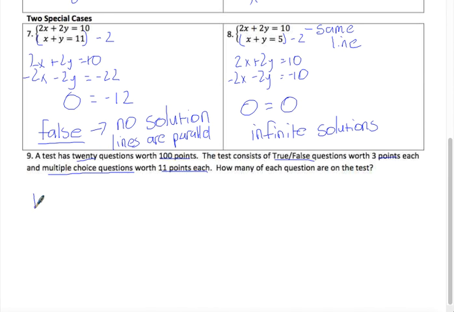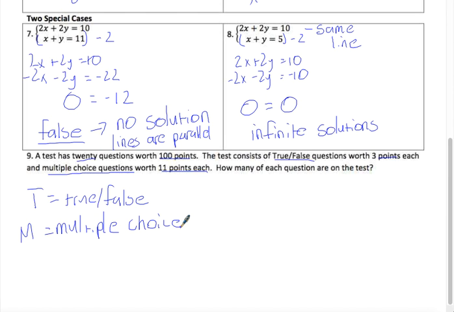Let's say capital T is true-false, and capital M is multiple choice. So we have to be able to write two equations based on the information here in order to solve for both variables. So one thing we know is that there are 20 questions total.